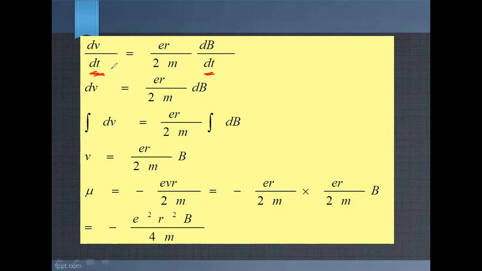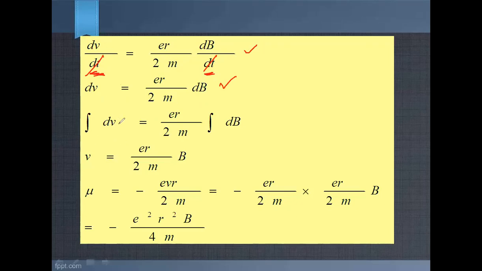So dV by dt is equal to the same. I copied the previous slide. This is the equation which we got in the previous slide. I think everybody knows integration from intermediate. So you cross multiply, dt cancels on both sides, or you can cross it, it doesn't matter. So now dV is equal to this expression.